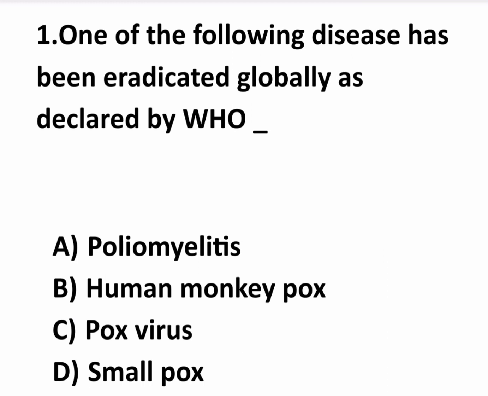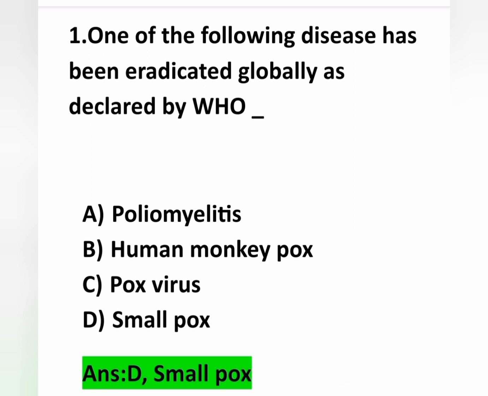The correct answer is option D. Smallpox is eradicated globally by WHO, and WHO declared global eradication of smallpox in May 1980. The year is also important. Okay, 1980. Here the answer is option D.